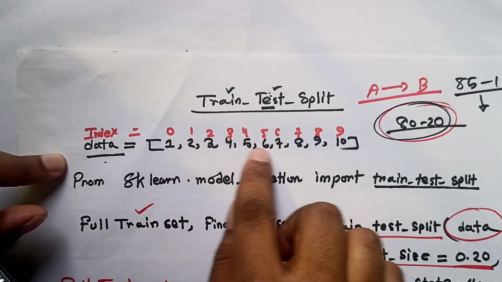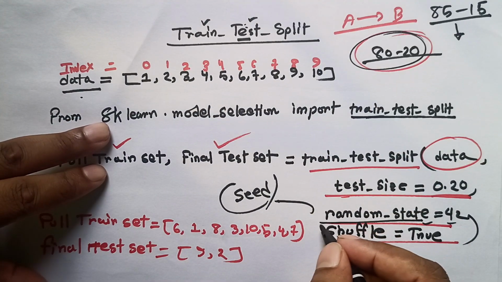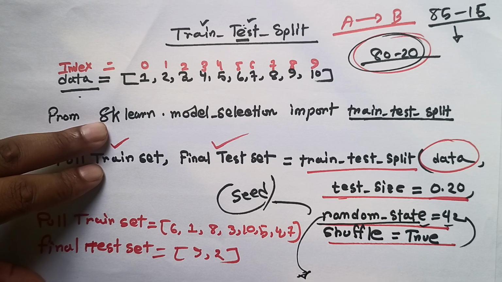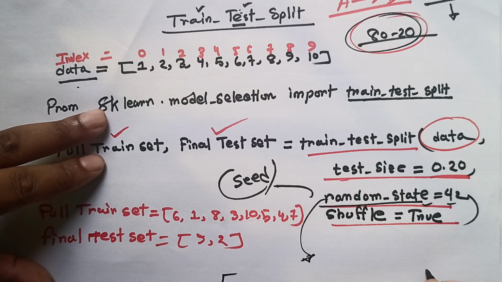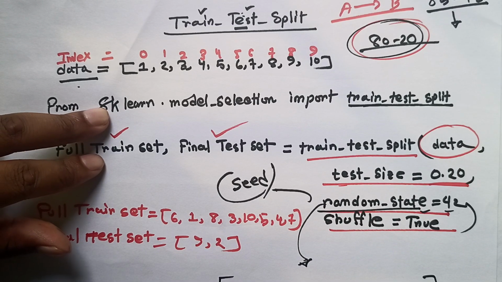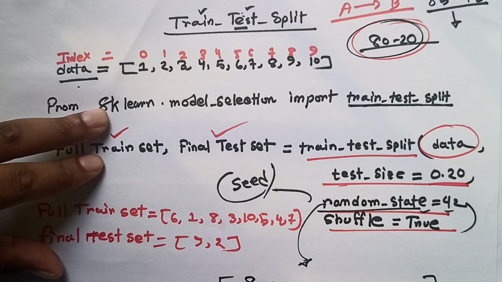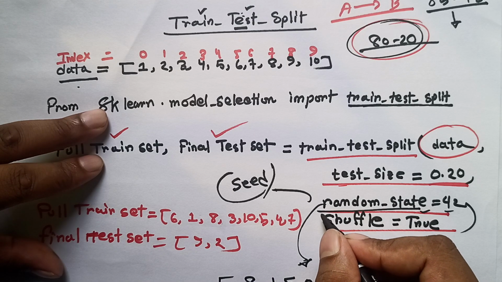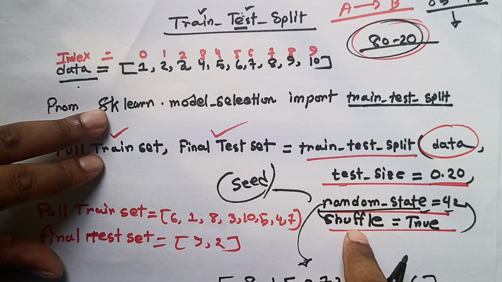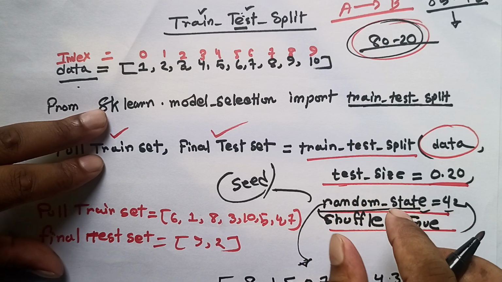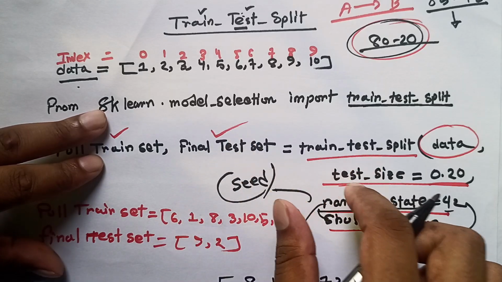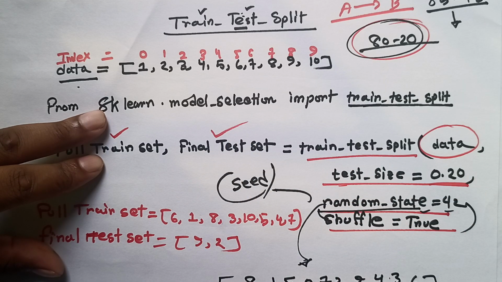This is the index for these numbers, and using this random state Scikit-Learn generates new indexes: 8 1 5 0 7 2 9 4 3 6. This is our new index, and this new index is also shuffled using the shuffle property. Scikit-Learn internally performs like this.